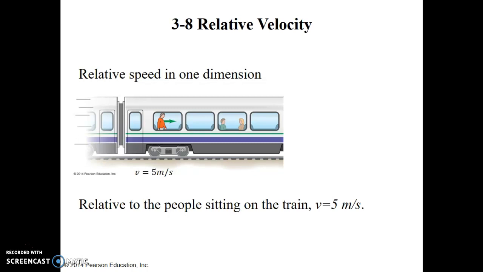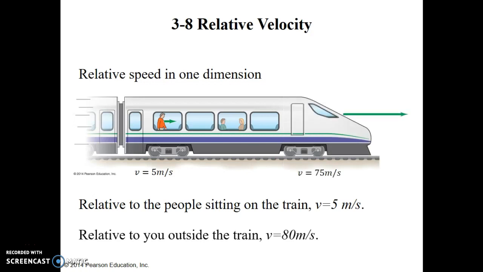But now let's say that instead of from the perspective of somebody sitting in the train, we're now looking at the person from the point of view of somebody outside of the train. The train's moving forward at a velocity of 75 meters per second, while the person is still moving forward at 5 meters per second. How fast is he going from your point of view?